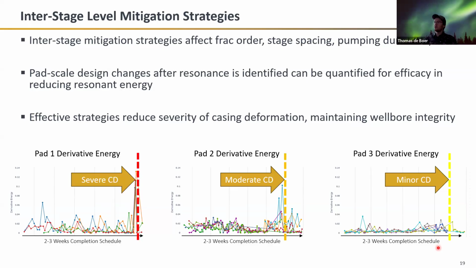And this was successful in that on this pad, we had very little deformation relative to the other ones. So we can see here the direct application of identifying when there's high energy release across various wells, using that to inform strategies in real time rather than as a post-pad analysis, and implementing that in a way that produces verifiable and reduced impacts of casing deformation.